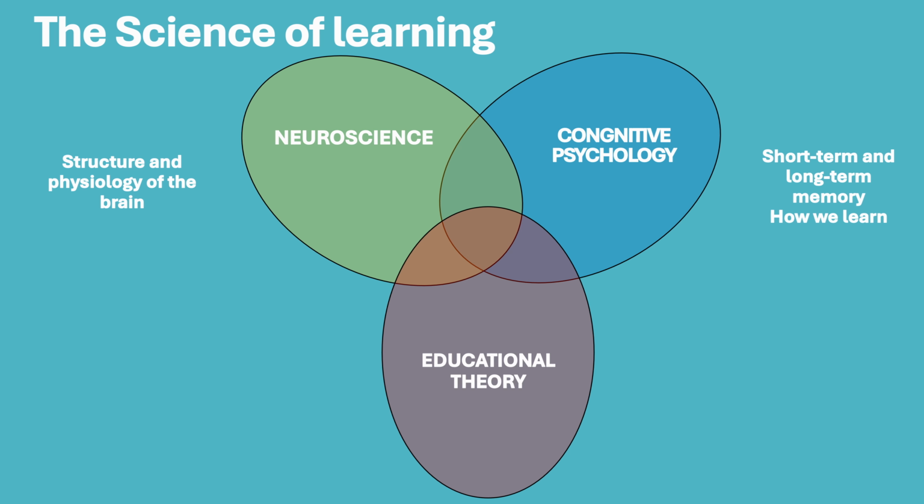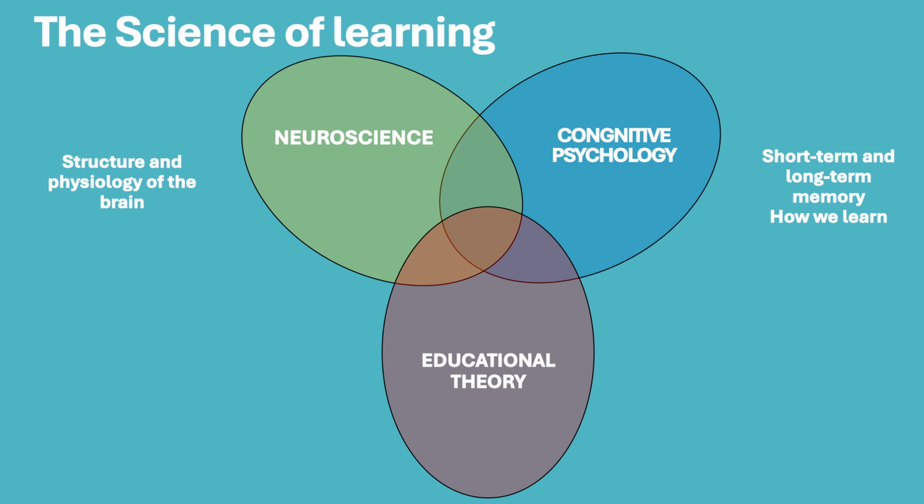And then the third area we're looking at here is educational theory. Educational theory is quite a broad academic subject, and unfortunately it includes many areas that don't overlap with neuroscience and cognitive psychology. A lot of educational theory is being developed from observing what's happening in classrooms and then coming up with theories for those.